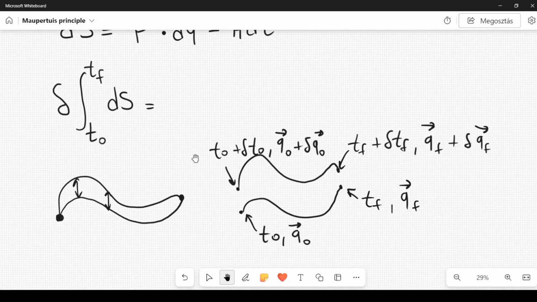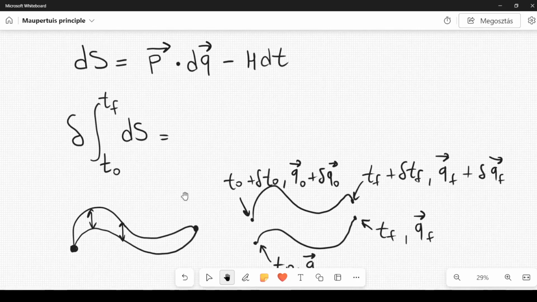Now, if we consider the variation of the action by considering this possibility here, we will get something that will contain the Lagrange equations, and then we will set them to 0, so we will obtain exactly the Lagrange equations.